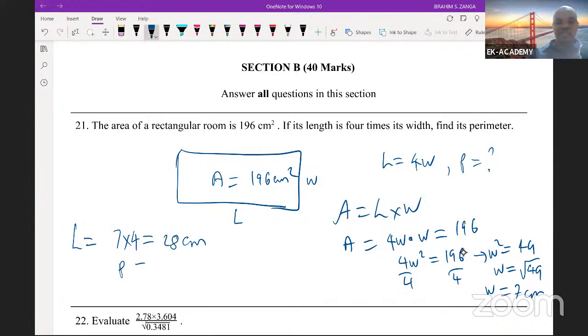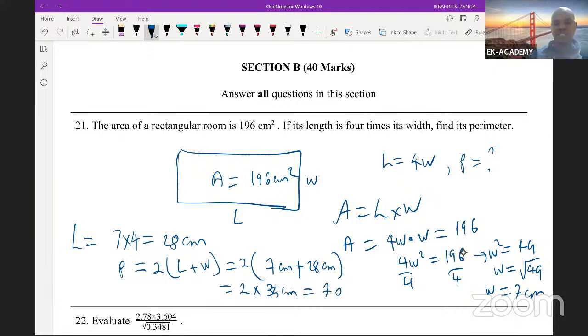And we are looking now for perimeter. Perimeter is length plus width multiplied by 2, equals 2 in the bracket, 7 centimeter plus 28 centimeter, equals 2 times 35 centimeter, we get 70 centimeter.